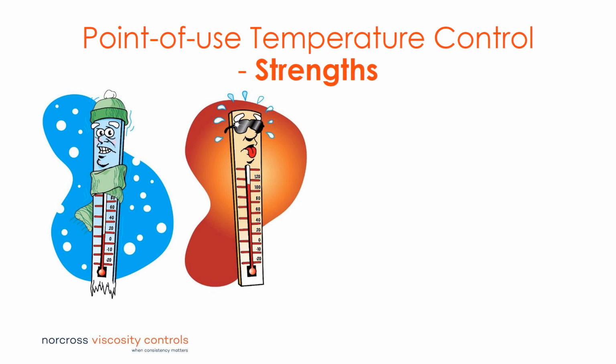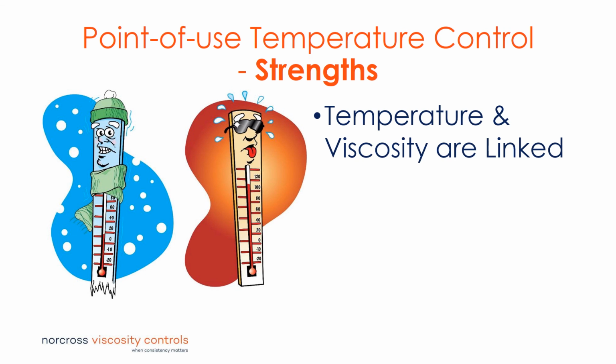And that brings us to point-of-use temperature control. Its strengths over other methods are many, starting with the fact that, with this approach, temperature and viscosity are linked. Rather than relying on the addition of solvents or other fluids to the ink, the viscosity is being managed by controlling its temperature. This also provides more accurate viscosity control than other methods.